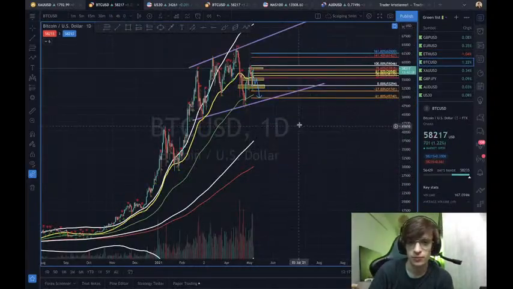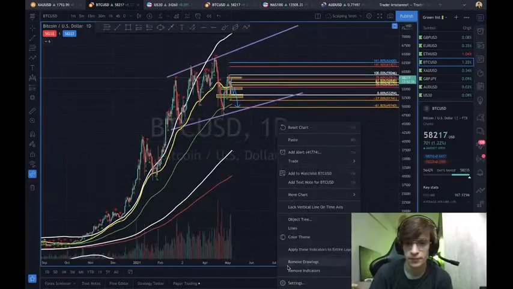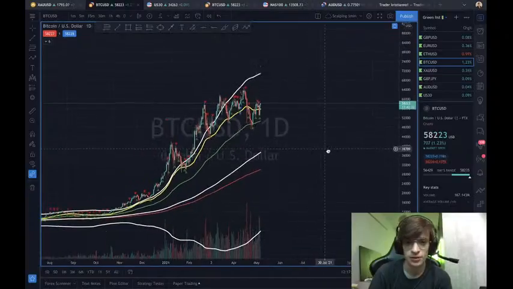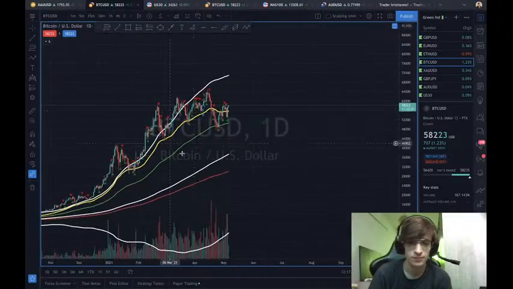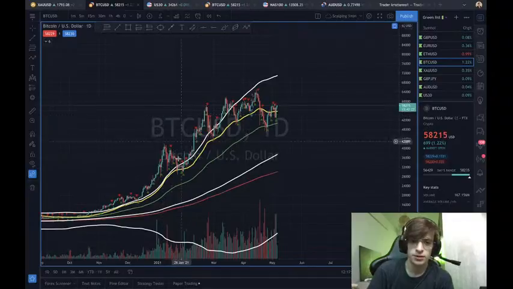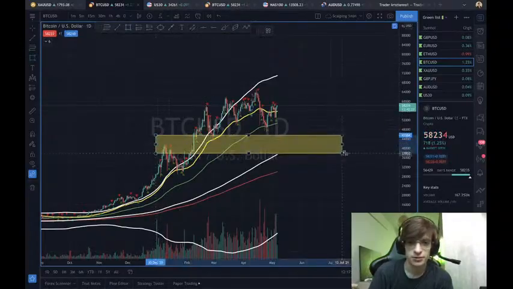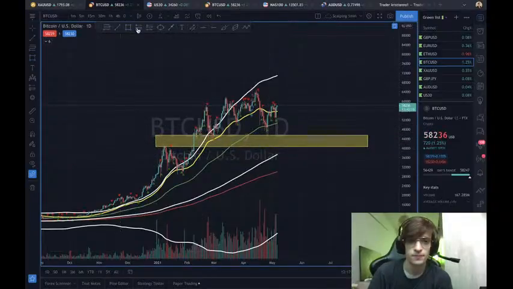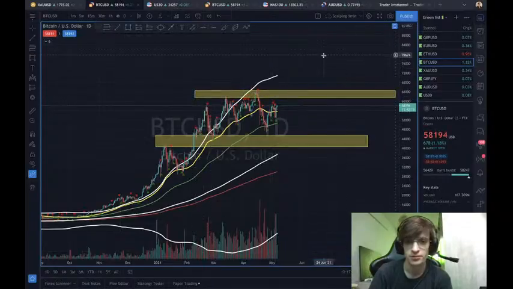So now BTC. Dude, I removed all drawings yesterday, but it seems to be trash. So here is really clearly a zone that is respected well, here as well.